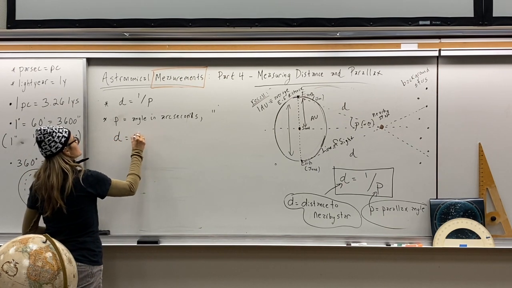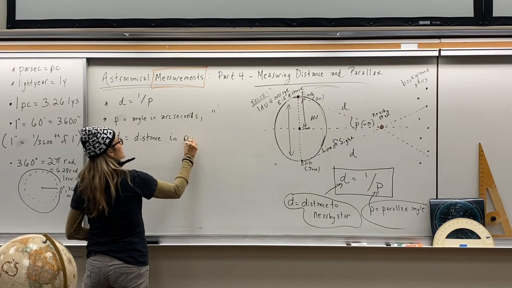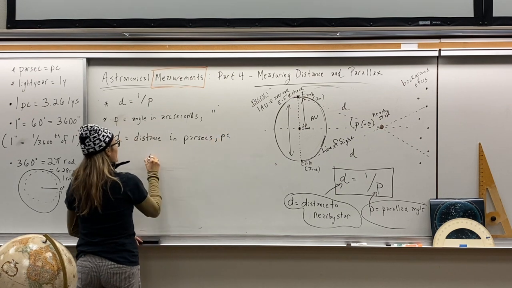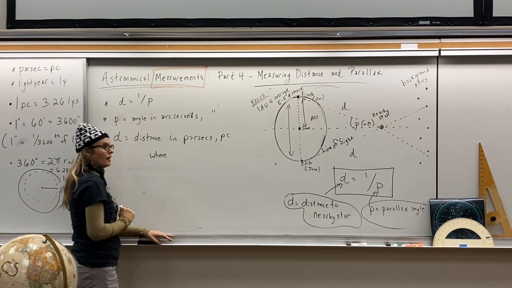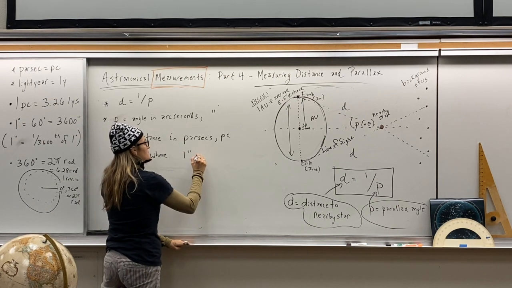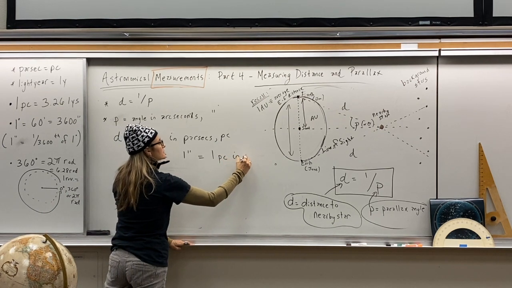D is our distance in parsecs, PC, where 1 arc second is equivalent to 1 PC in distance.